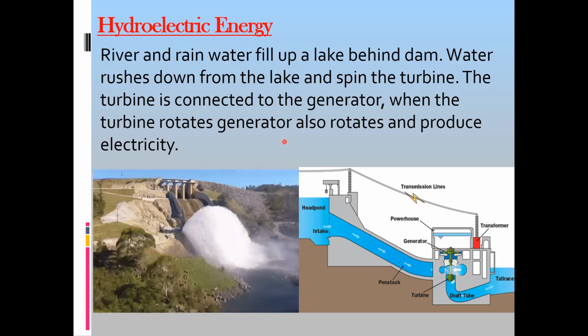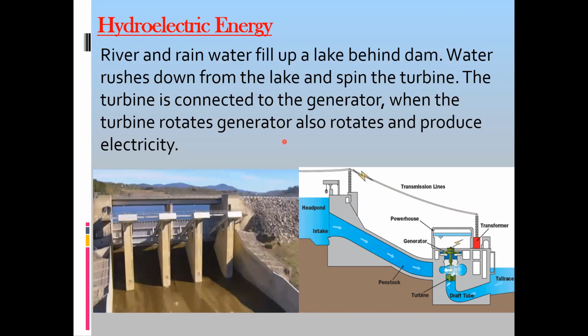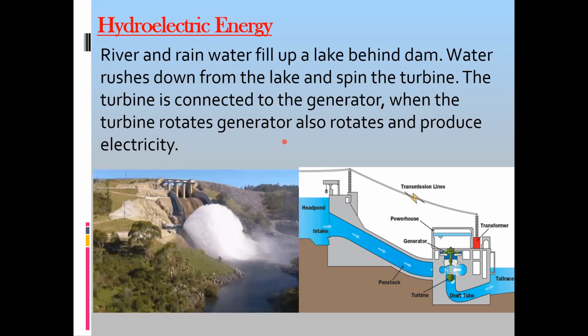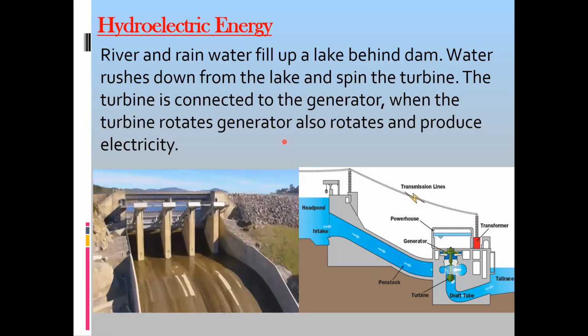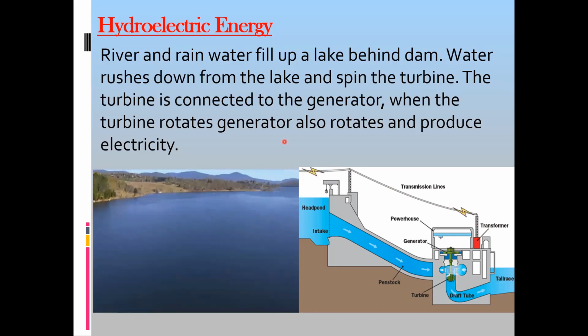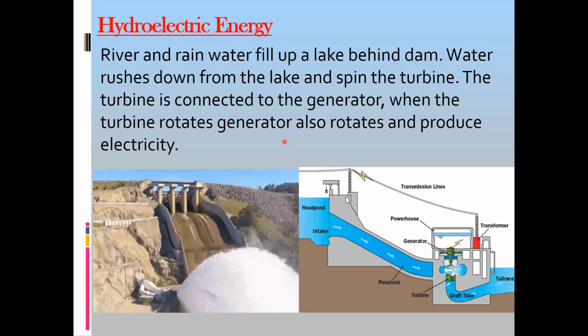As the water flows, it rotates the turbine, and when the turbine rotates, it produces electricity which can be transformed into different voltages by using a transformer. Is it clear? The concept of hydroelectric energy.